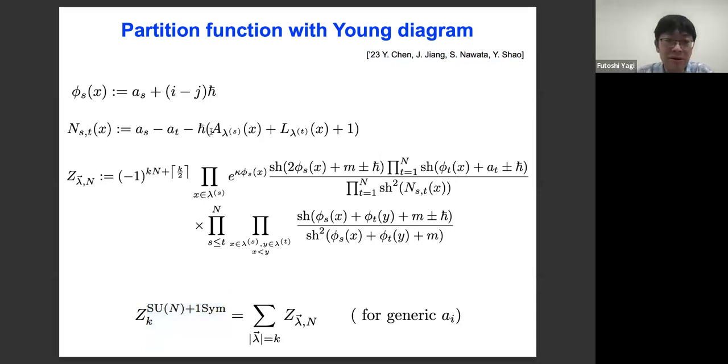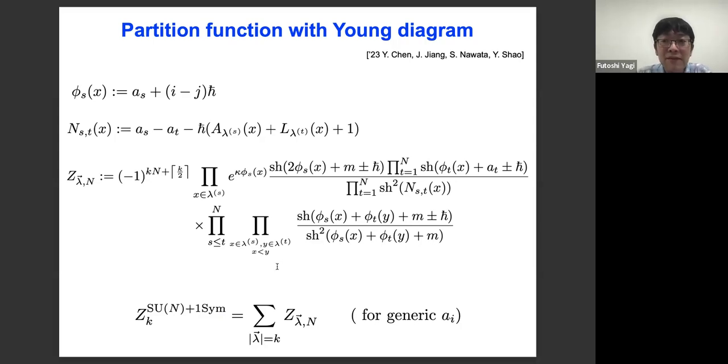They wrote down the formula depending on the Young diagram. So this shape is a very natural generalization of the ordinary SUN or UN Nekrasov partition function, and the partition function can be written as a sum over Young diagrams, although the expression is more complicated.